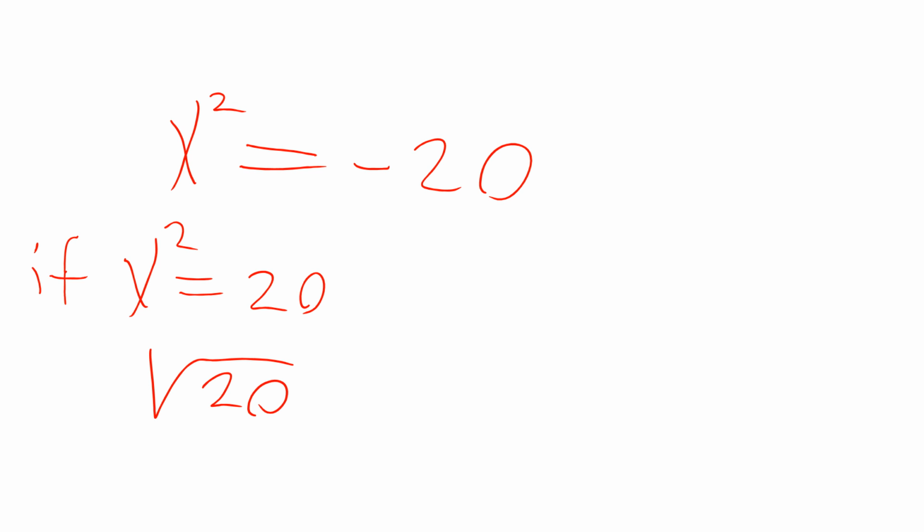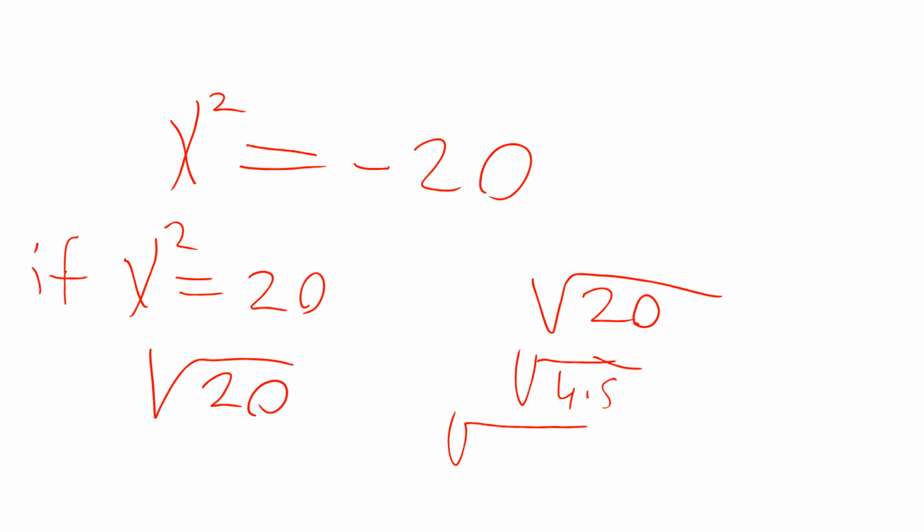We have a similar thing over here. First thing we want to do, square root of 20. We can simplify this. Square root of 20 can be written as 4 times 5, and we have 4 as a perfect square, so 2 root 5.